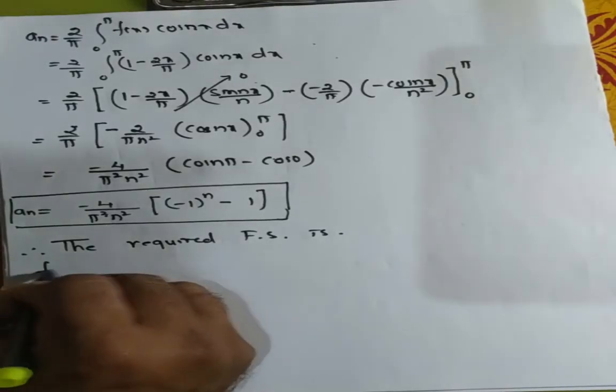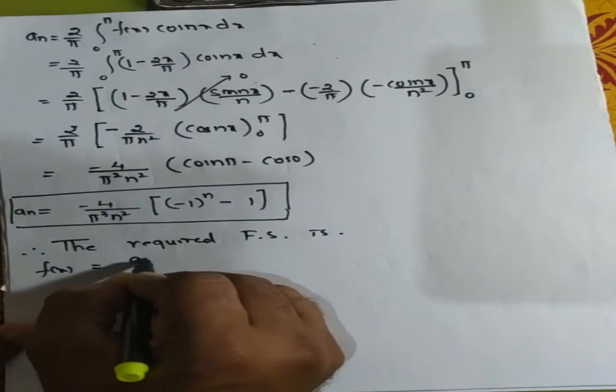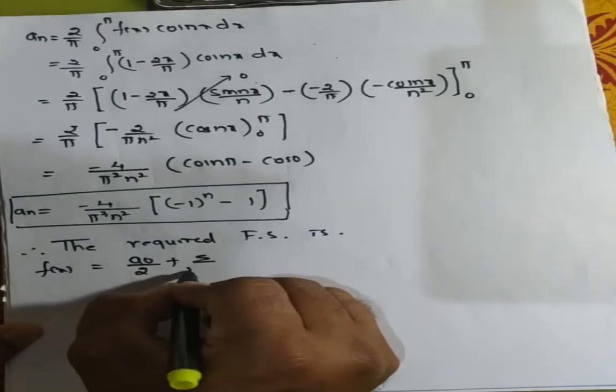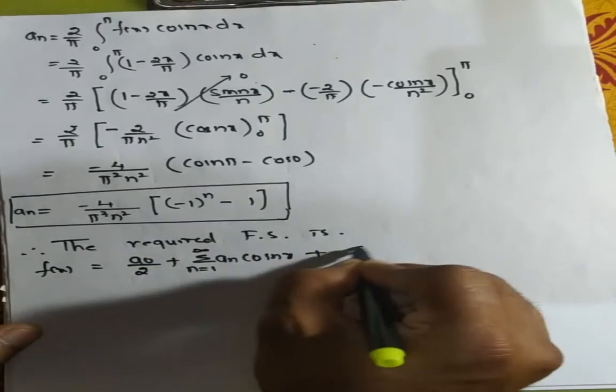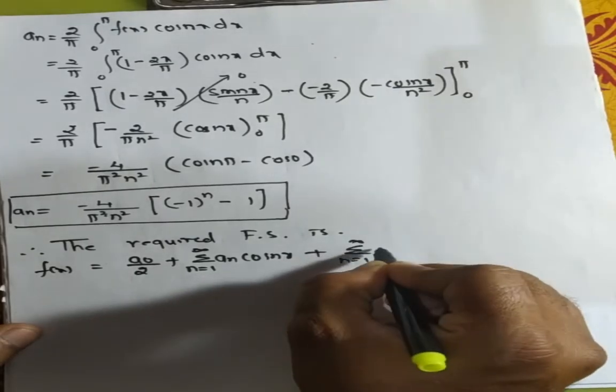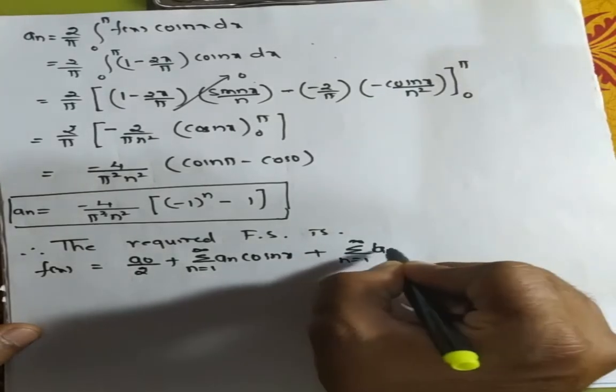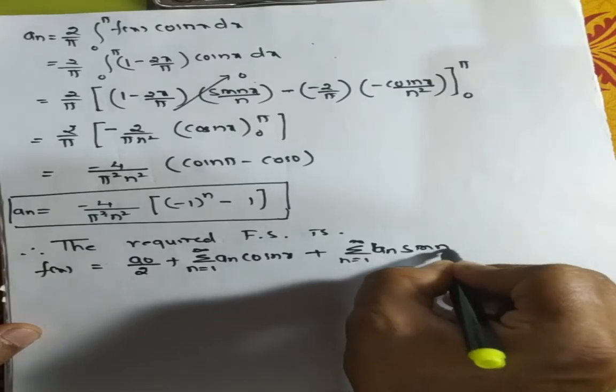is f of x is equal to a naught by 2 plus summation n from 1 to infinity an cos nx plus summation n from 1 to infinity bn sin nx.